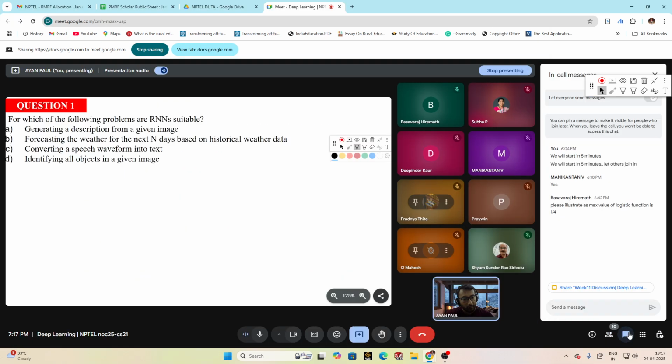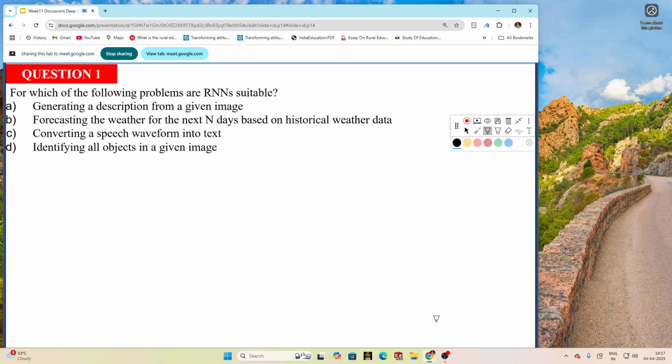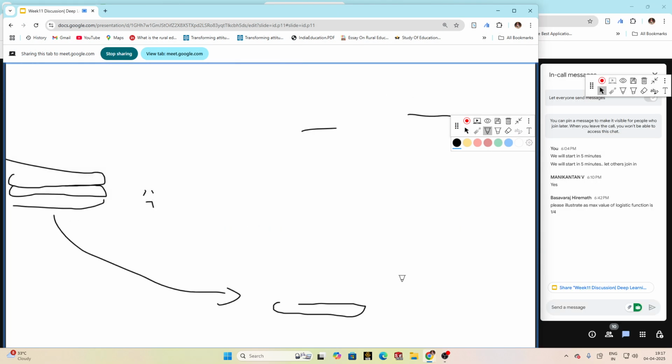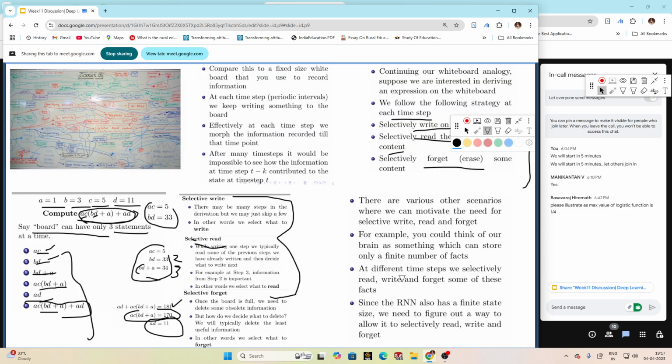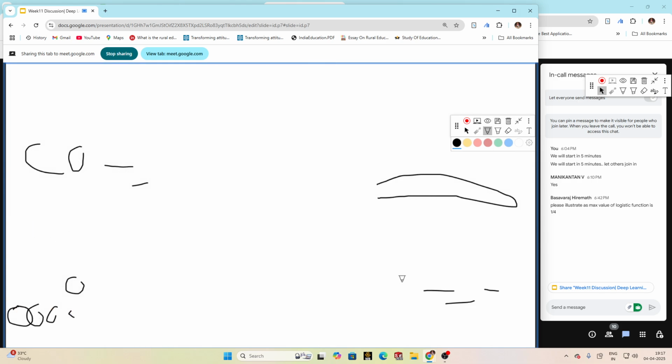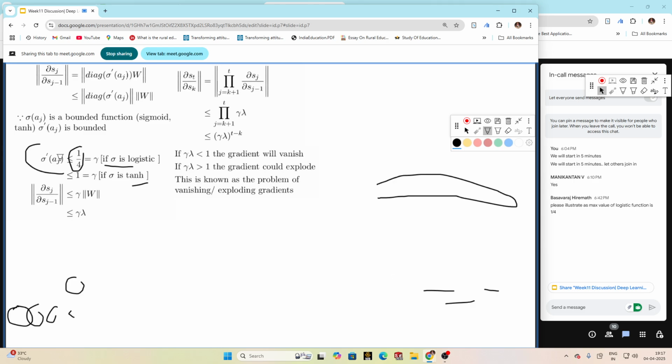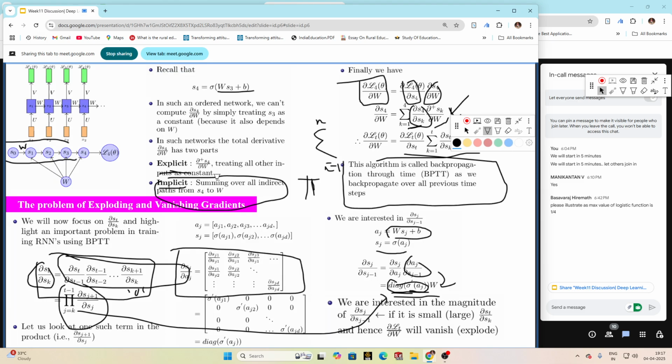So this is the first question. Again I am requesting you to please verify that the max value of the logistic function derivative is 1/4. Let me show you. What is the derivative of the logistic function?